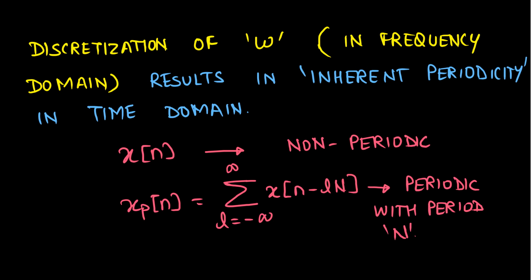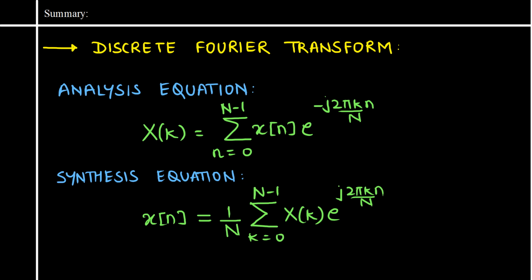So in this lecture, we have seen the discrete Fourier transform, and we said that as we need to have computations using computers or any processors, we need to have a discretized version of the frequency domain representation for any discrete time signal. So for that we discretize the frequency domain or omega into N equal parts, and that results in the analysis and synthesis equations for the discrete Fourier transform, which are given by these two equations.